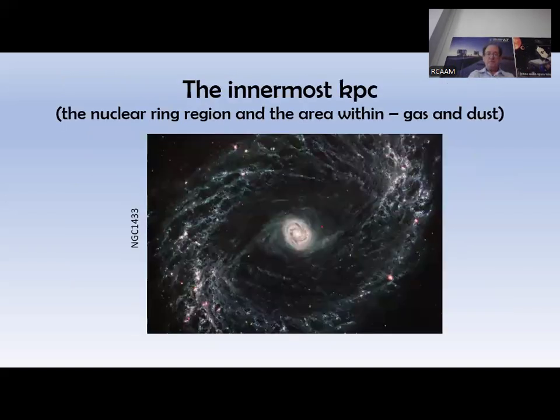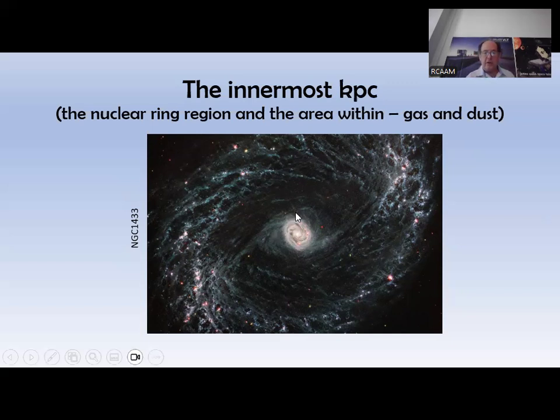Here is an innermost kiloparsec region. You see this galaxy, NGC 1433. And practically the area that we will discuss today is this one here.